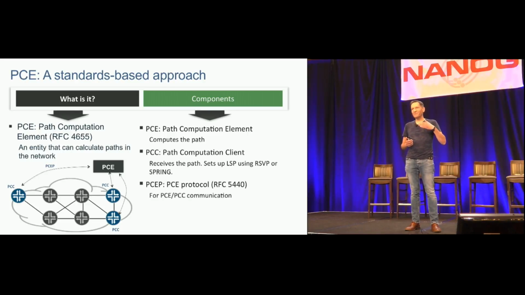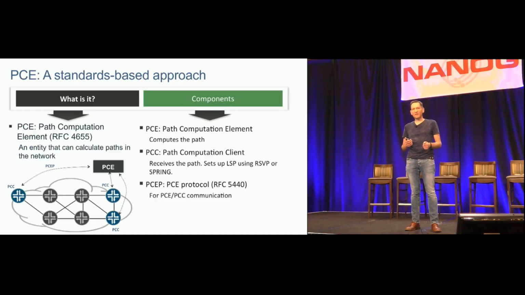Over that PCEP session, the controller can create new LSPs completely from scratch, or could modify existing LSPs. And very importantly, PCEP is a bidirectional protocol, and so the reporting in the opposite direction from the PCC to the controller is very useful, because that's how the controller knows that an LSP that's just been requested to be set up indeed has been set up according to its requirements.